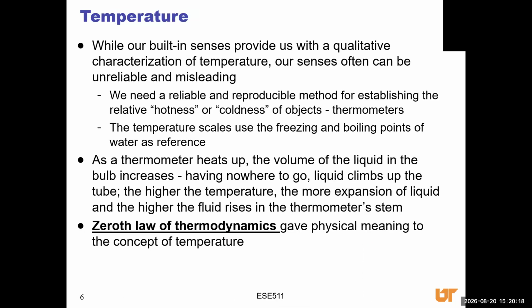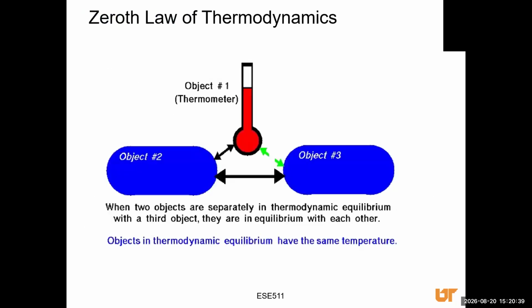We talked about temperature in a very intuitive kind of way, in the idea that the zeroth law of thermodynamics gave a more physical meaning to the concept of temperature, not this intuitive, oh, I touch this and it's hot, and I touch this and it's cold, but more along the lines of understanding temperature through the idea of thermal equilibrium.